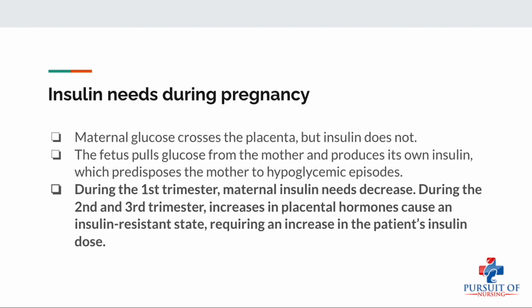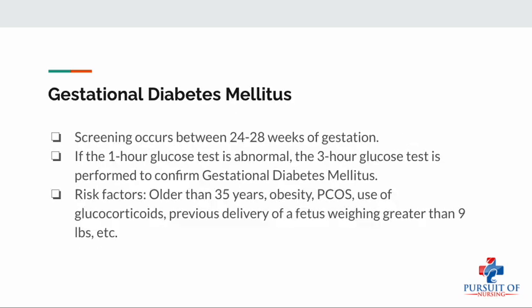During the first trimester, maternal insulin needs decrease, while during the second and third trimester, there is an increase in placental hormones that cause an insulin-resistant state, requiring an increase in the mother's insulin dose. So the mother is going to be at risk for hypoglycemia primarily during that first trimester of pregnancy.